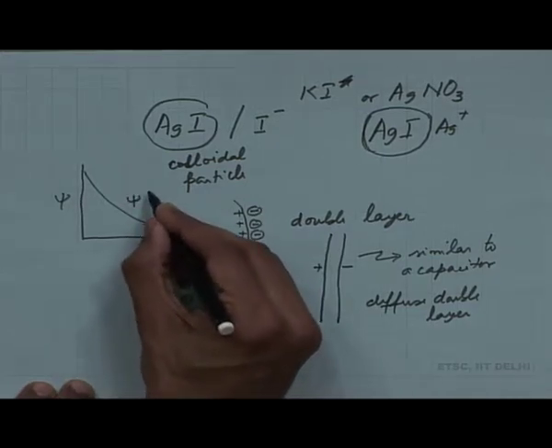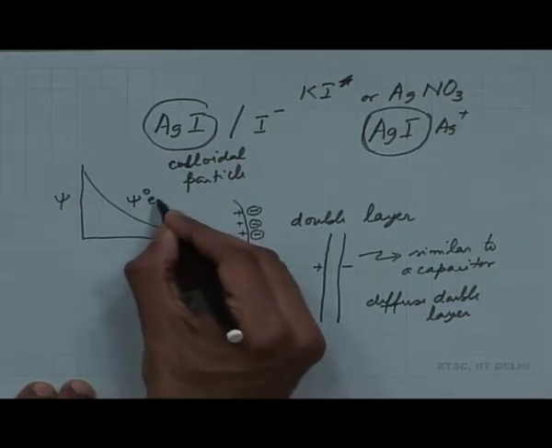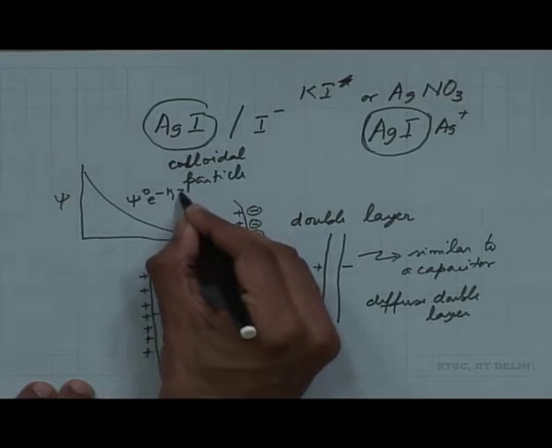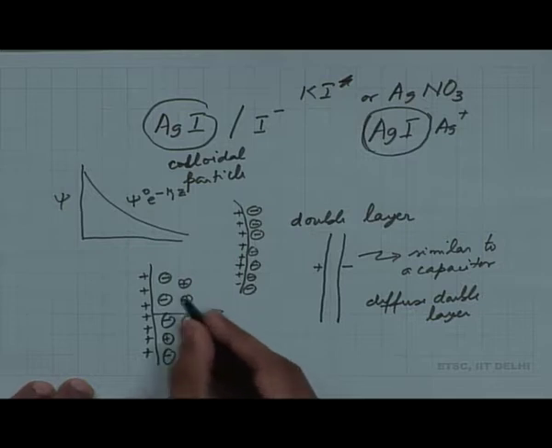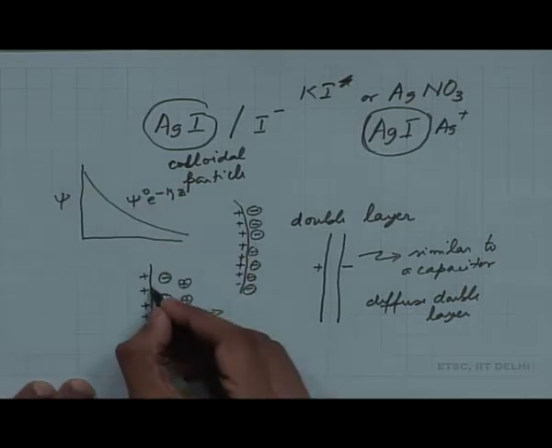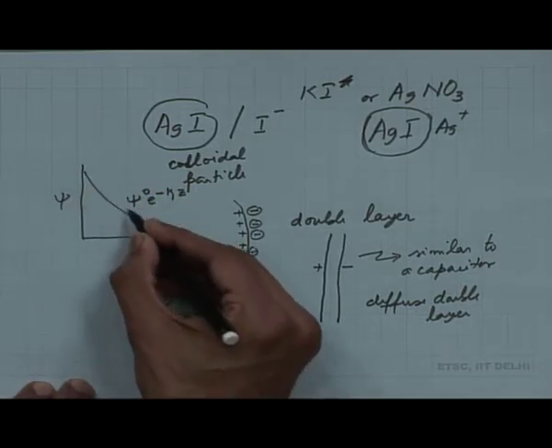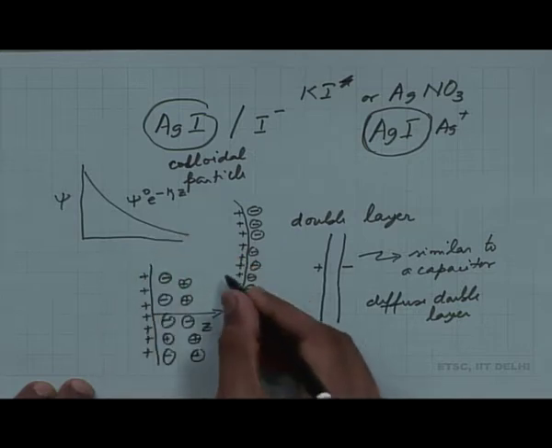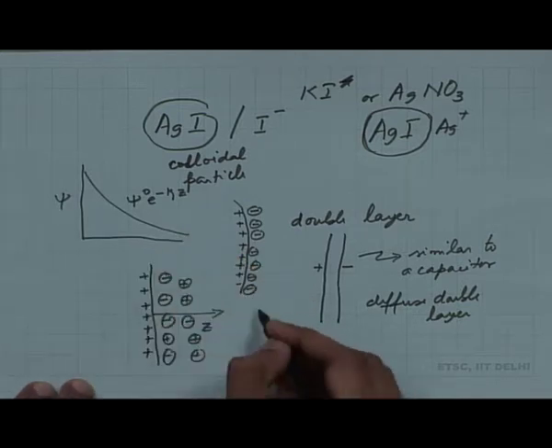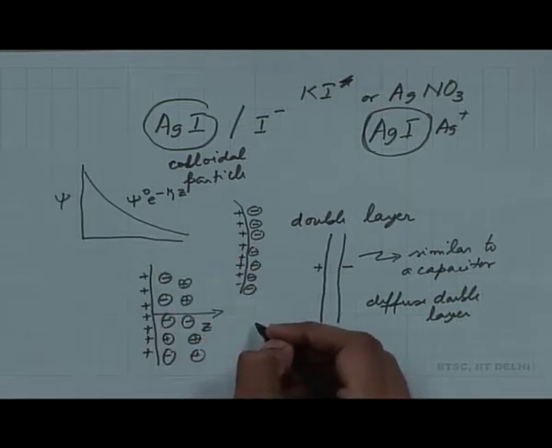So, it will have some psi 0 e to the minus kappa times this distance z, which is understandable. So, as you go away from this point, this potential will drop, because once you have reached the bulk of the solvent, then you are not going to see any charge species, no potential difference, because there is compensation of the positive and negative charge.